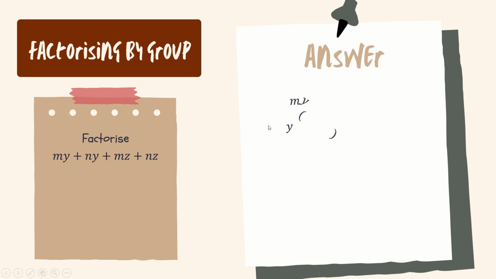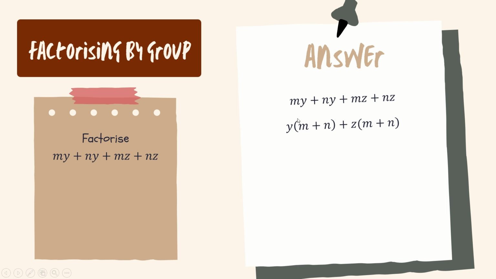So if we take out the common factors, which are y and z, we've got y multiplied by m plus n, plus z multiplied by m plus n.